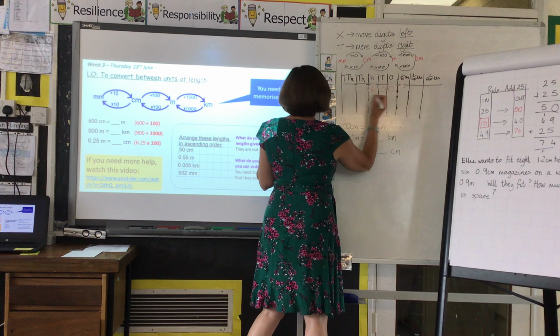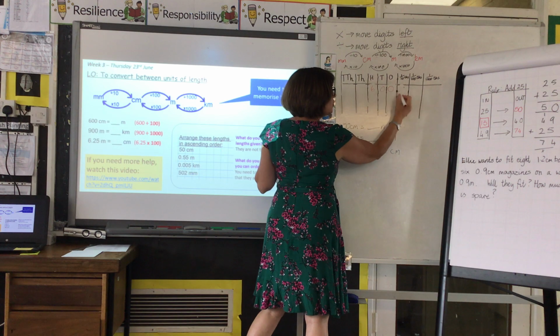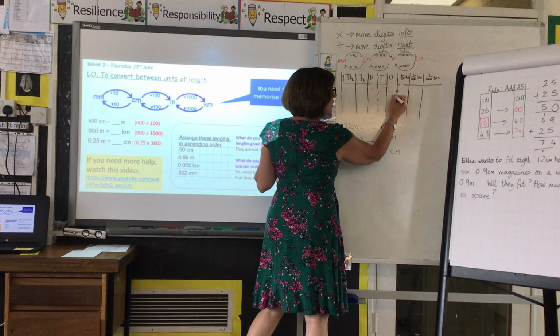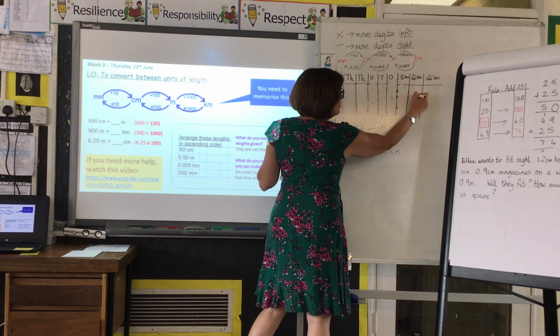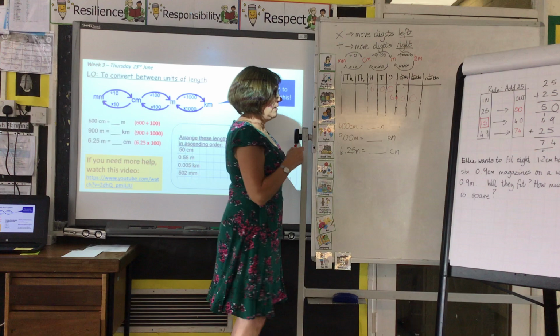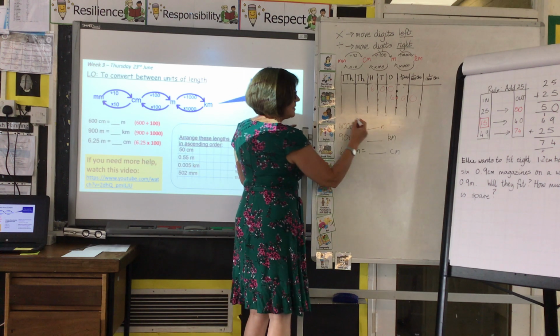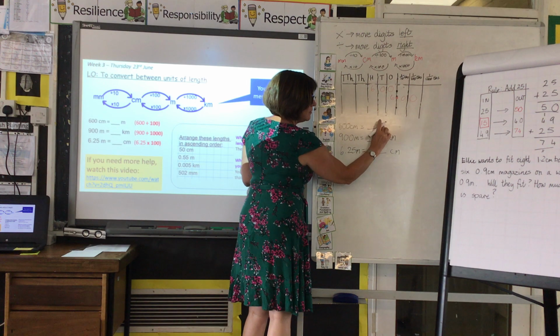And because we are dividing by 100, so there are 2 zeros, so we move 2 places to the right. 1, 2, 1, 2, 1, 2. And don't forget the decimal point never moves. So 600 centimetres is 6 metres, or you can do 6.0 metres.